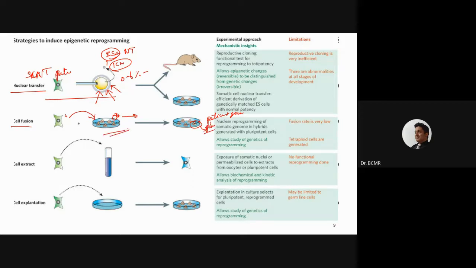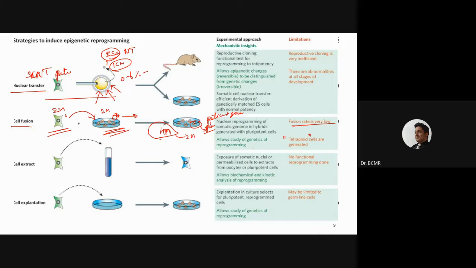Pluripotency comes from the embryonic stem cells that we have here, and the patient-specific genes come from the patient because the patient is the donor of the cells here. But the fusion rate is very low, and there is always a risk: the cells are diploid, and then we have 4N, which may occasionally produce diploid cells, but there is always the risk of tetraploidy or aneuploidies associated with that.